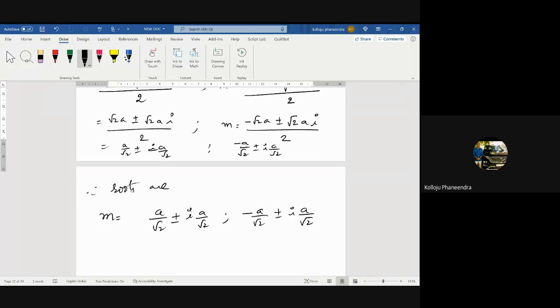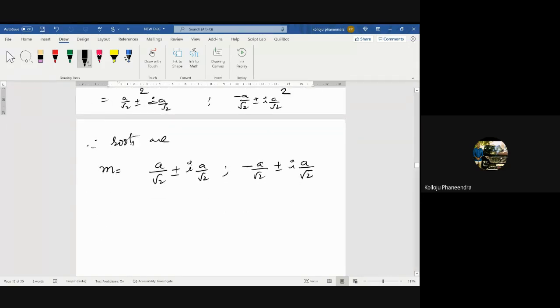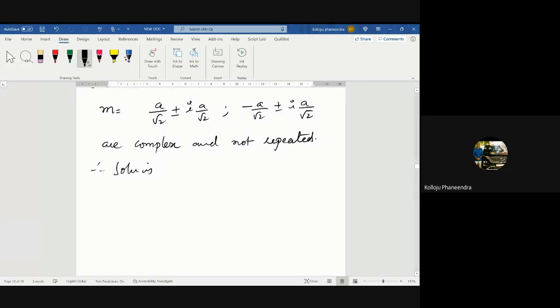These roots are complex or complex repeated? Repeated or not repeated? Not repeated. Therefore the solution is y of x equals, for the first part, real part e power a by root 2 x, for the imaginary part c1 cos bx plus c2 sin bx, where b means this.